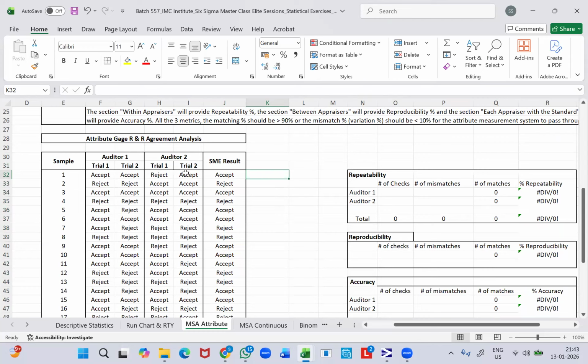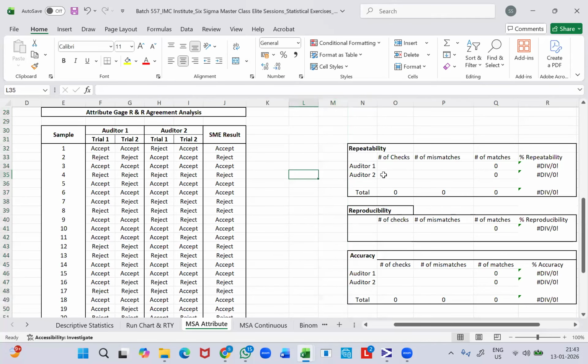So once this exercise is conducted and we have collated all these input values, now is the time for us to perform the analysis and calculate some three metrics which would actually reflect the measurement system variation for a discrete data scenario. So what are the three metrics? The first metric is called repeatability.